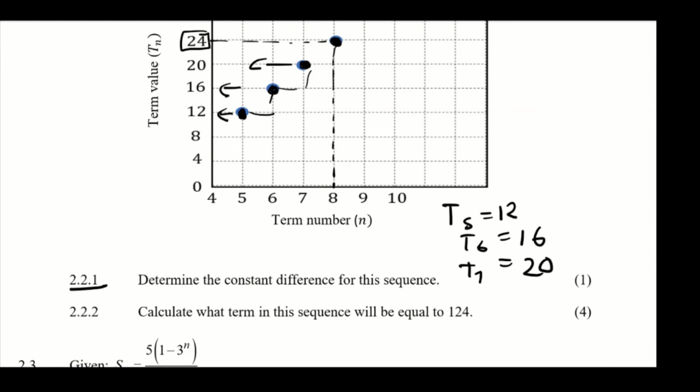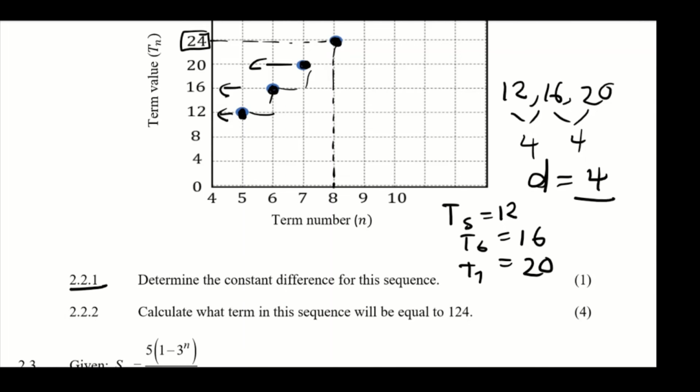So just by looking at this sequence 12, 16, and 20, the difference is what? It's 4, right? 16 minus 12 is 4, 20 minus 16 is 4. So you can conclude that the constant difference of this question is just going to be 4. So this is the constant difference that they're looking for.